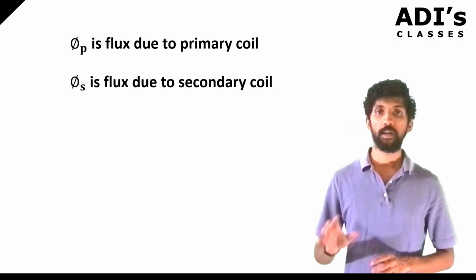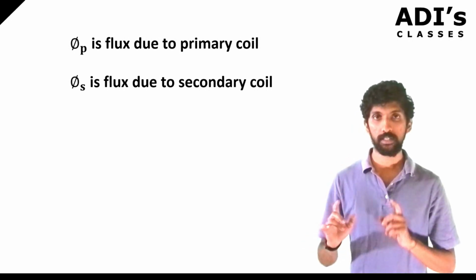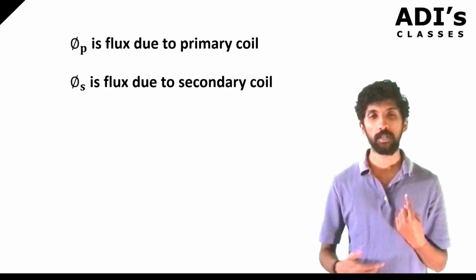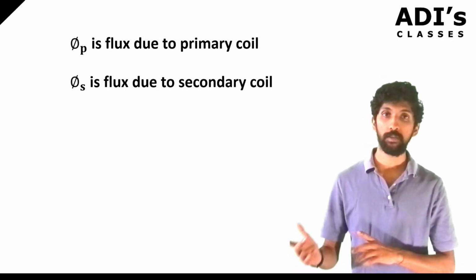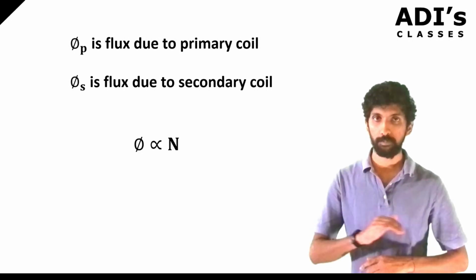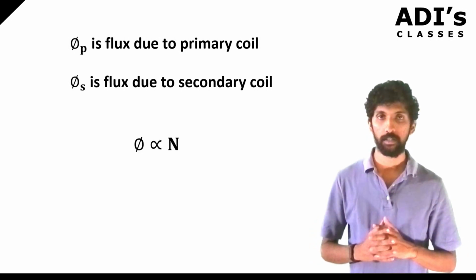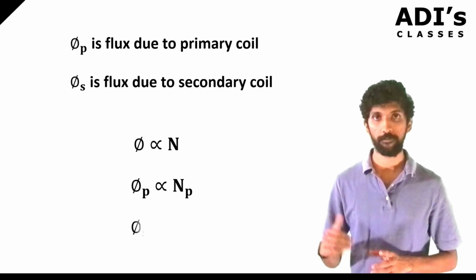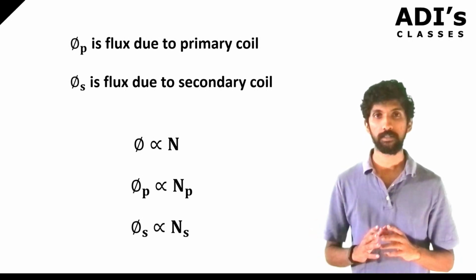Now the flux is completely dependent on the number of turns, correct? Because the more turns we have, the more magnetic flux. So we have phi proportional to N. Now we have phi p proportional to np and phi s proportional to ns.